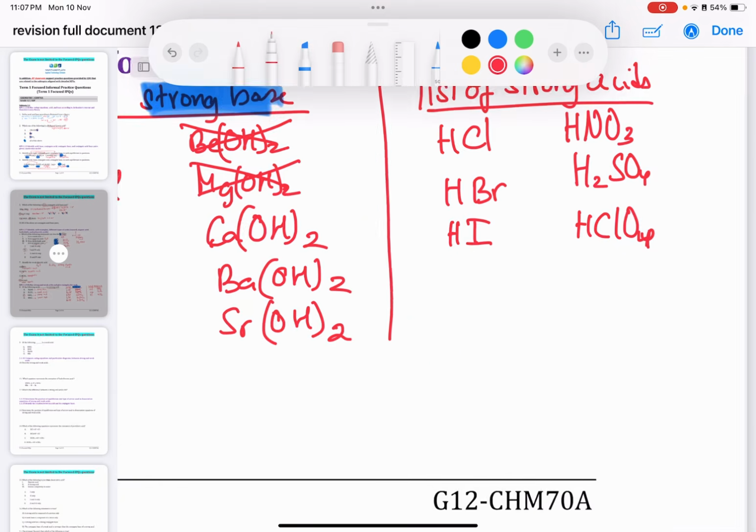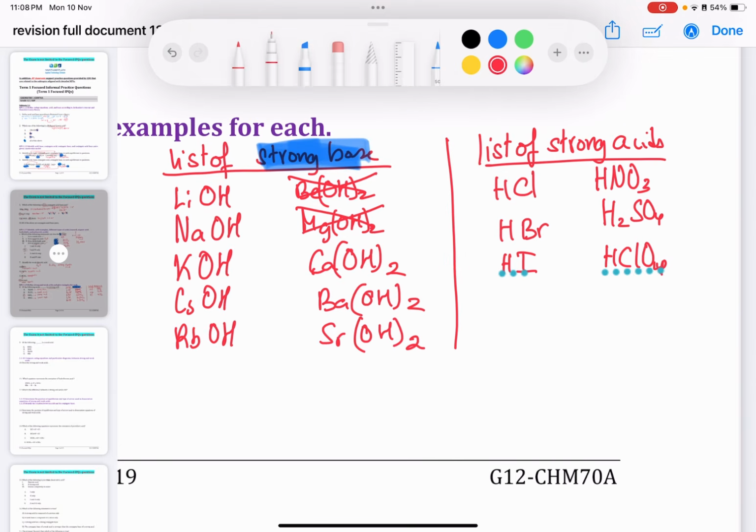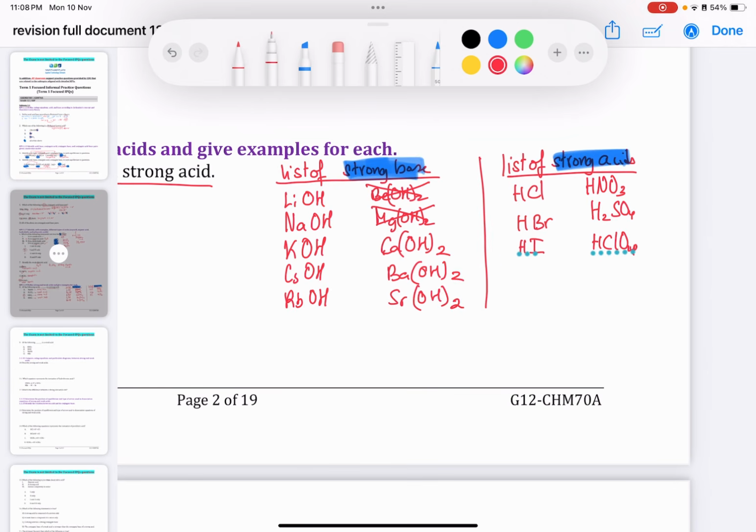Okay, so basically these are the most famous lists of strong acids and bases. Whatever they give you that is not part of these 2 lists, it means they are giving you a weak acid or a weak base. For example, HCN is not part of this list. That's a weak acid. HF, that's a weak acid. Ammonia, that's a weak base.